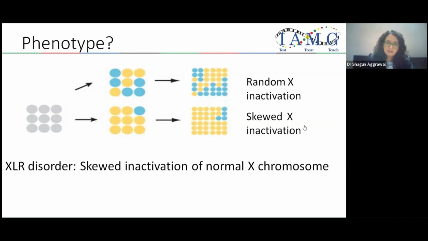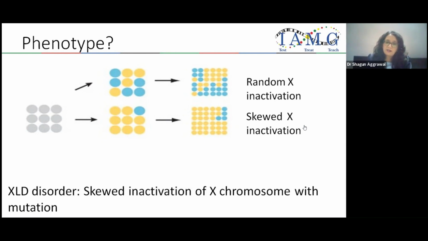Suppose for an X-linked recessive condition, you have this skewed inactivation of the normal X chromosome. If the majority of cells show inactivation of the normal copy of the X chromosome, then that individual will manifest that X-linked recessive condition. Similarly, for an X-linked dominant condition, which we would expect to manifest in a female, suppose that female has a skewed inactivation of the X chromosome with the mutation, so she would not manifest that condition or would have a milder degree of manifestation.